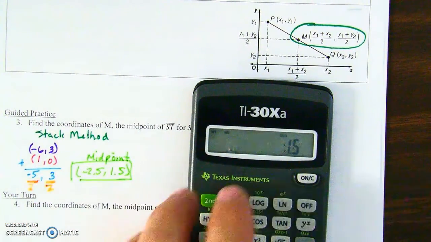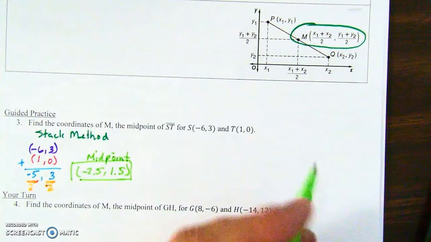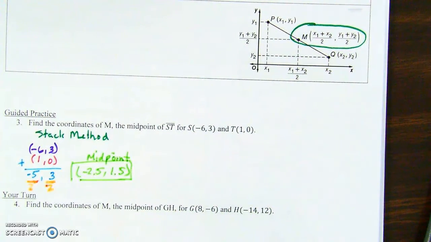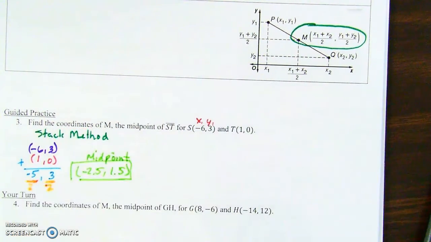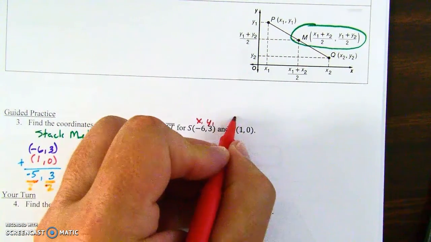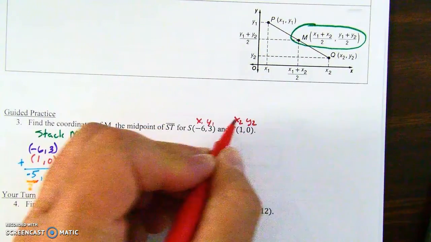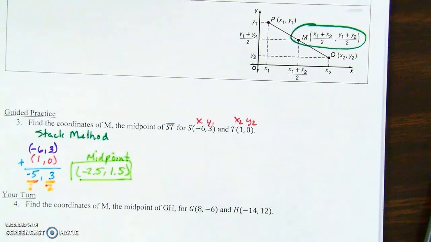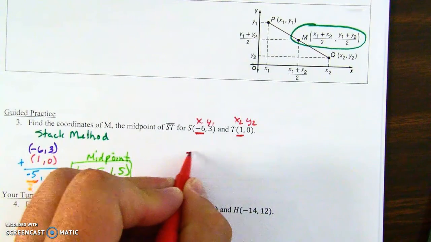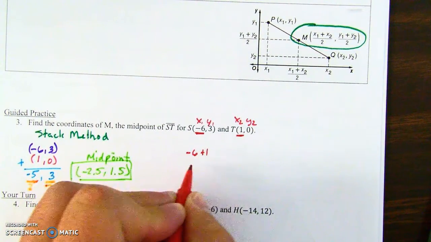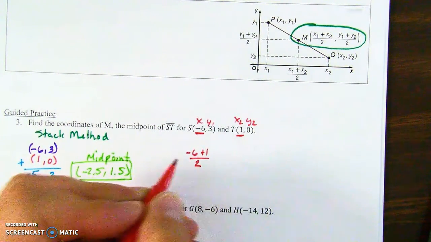Okay? So let's do the same thing using the method that they showed up here. Let's label this as x1, y1, and x2, y2. Same scenario, so we're going to take our x's, underline them, and add them up, which is negative 6 plus 1, and divide that by 2.